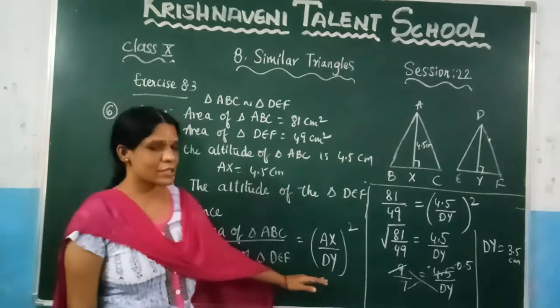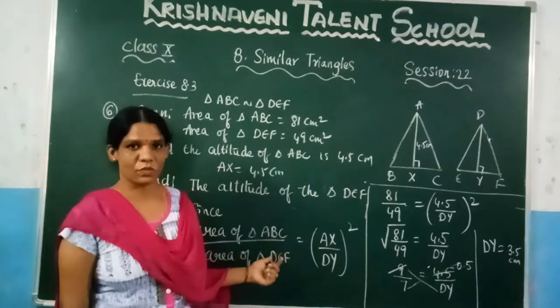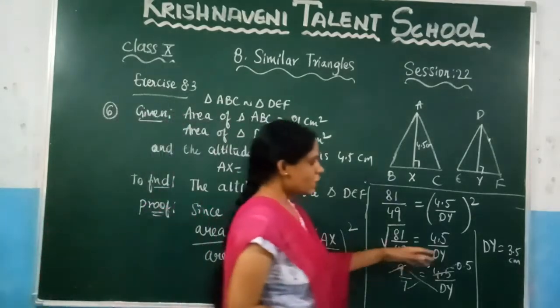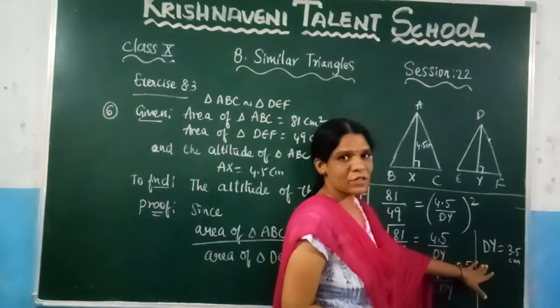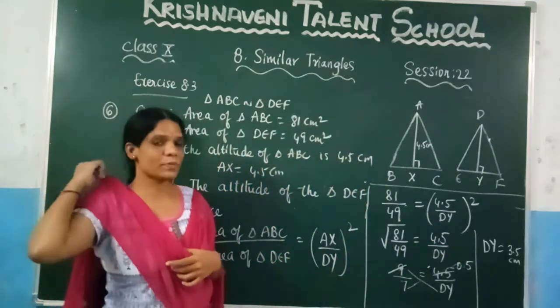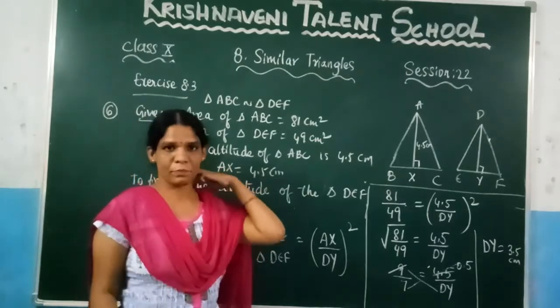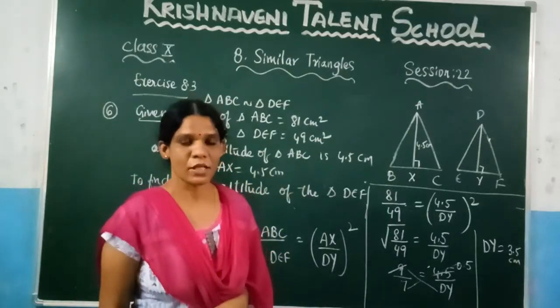From that you got this condition after substituting all the values given in the question, so that you can find the altitude of the smaller triangle, which is 3.5 centimeters. This is the problem. With this, the exercise is completed.